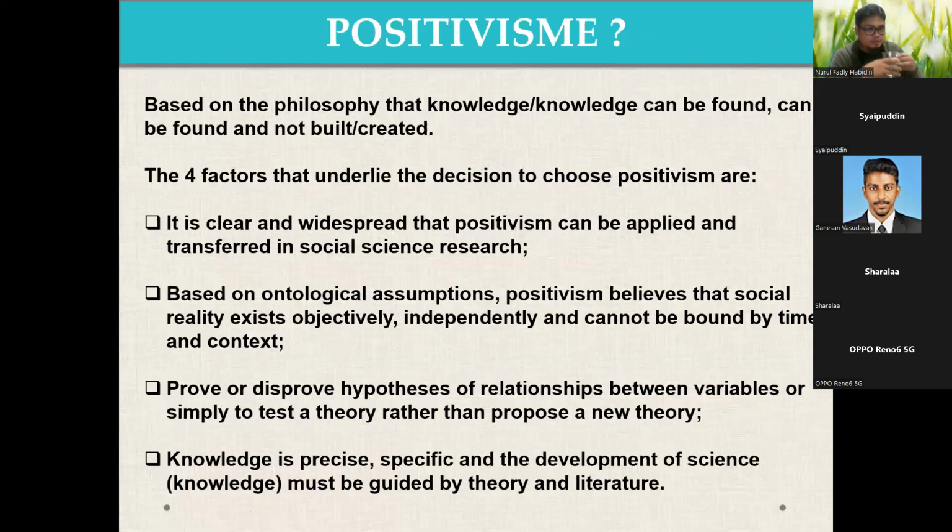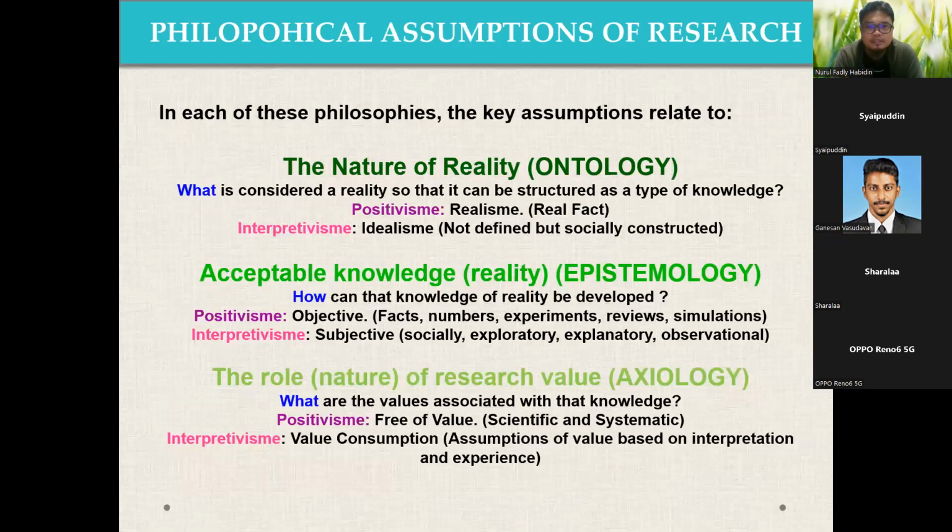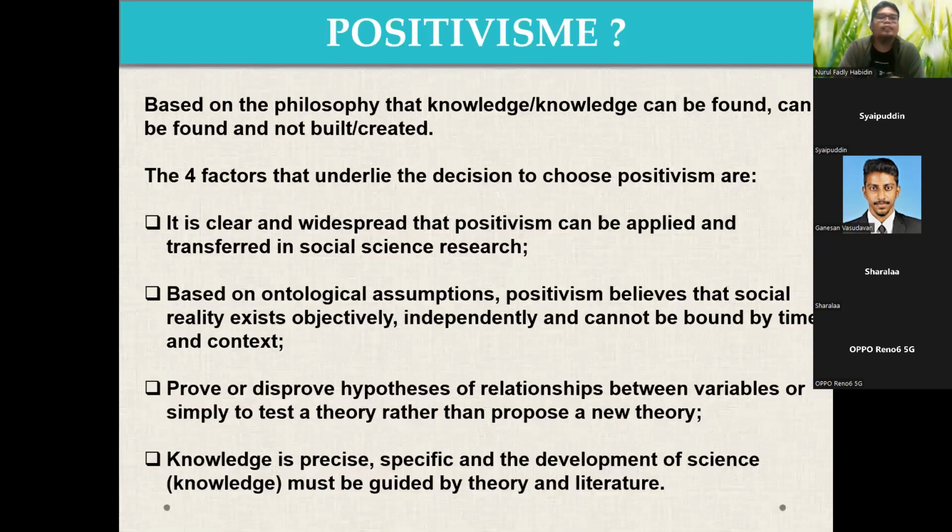Okay, positivism. It is based on the philosophy that knowledge can be found and not built and created. Research philosophy is something we already discussed here. In positivism, for example, ontology is based on the real fact of idealism. There are 4 factors that underlie the decision to choose positivism.